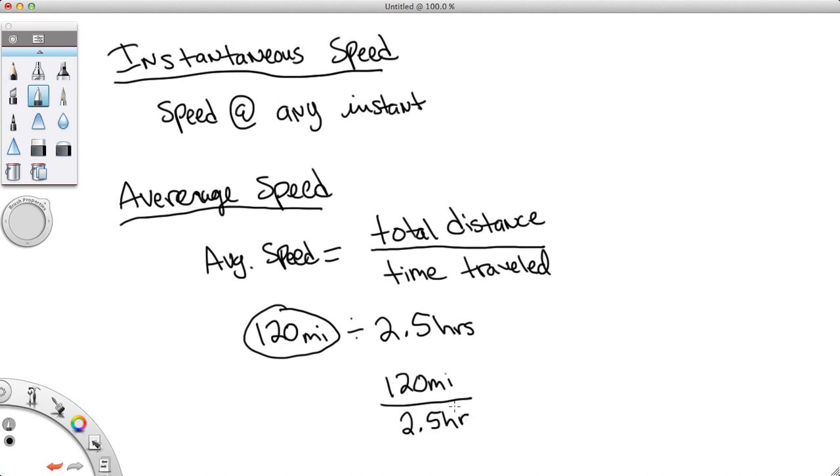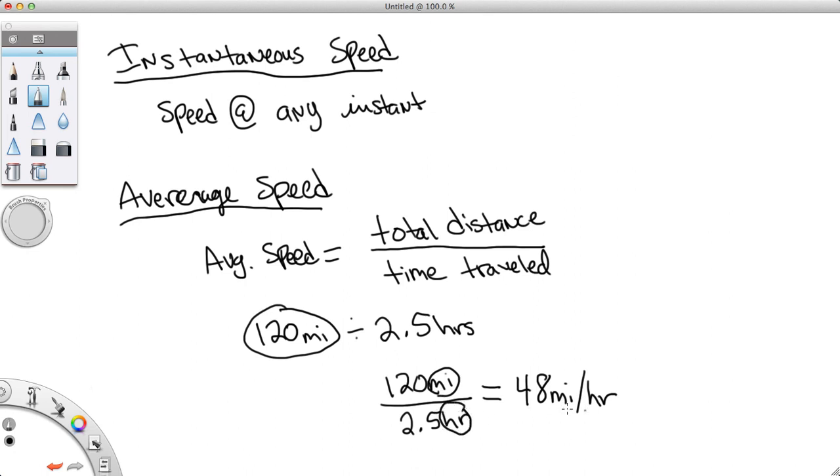When we do some basic division, we figure out that Grandma's average speed was 48 miles per hour. These two units are not the same, so miles does not cancel hours.